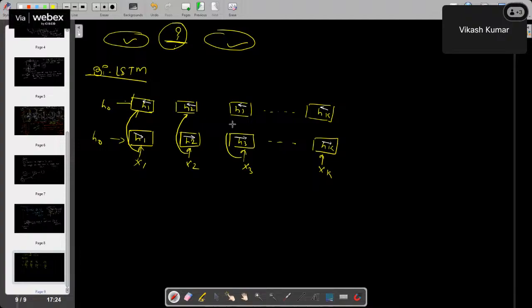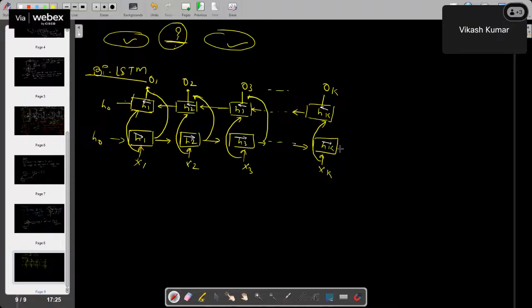Okay, now the output will be basically merged. Basically this one is forward LSTM.